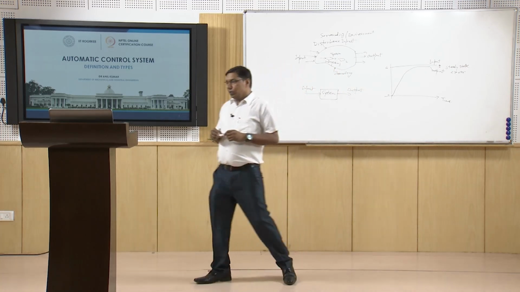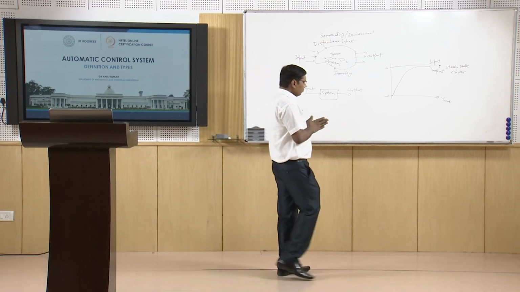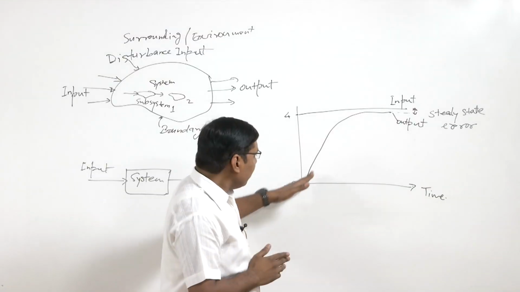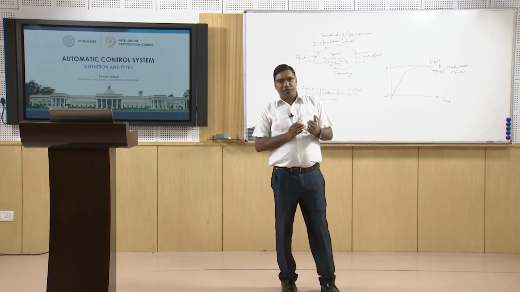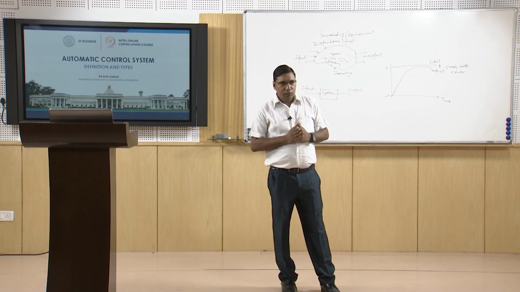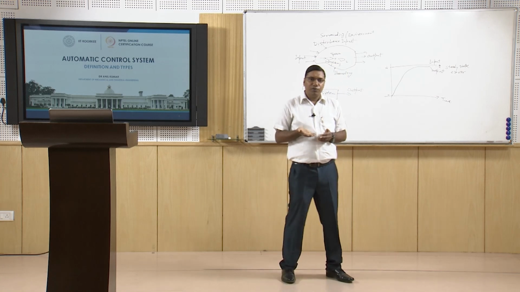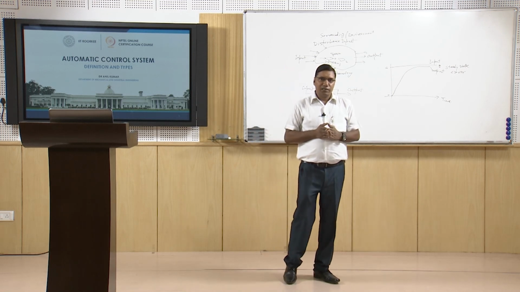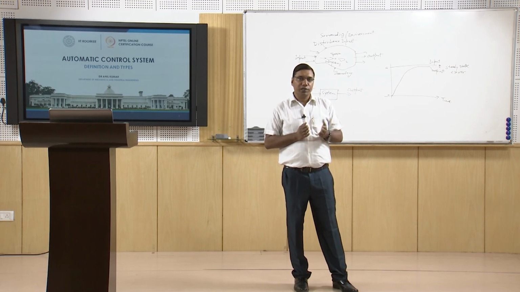Now we should understand that if this transient response is very fast, what will happen? The elevator will start to move very quickly, and a very fast response can make the people in the lift uncomfortable.